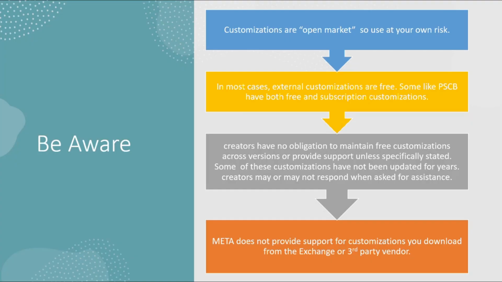If you go to the Exchange and click on an external customization, it gives you a lot of details, and you'll see the last time it was updated, version numbers, and comments, maybe by the person who created it. Just know that they may not do anything with it after they create it. There usually is a little comment box where you can ask a question, but they may or may not answer because they may never look at it again.